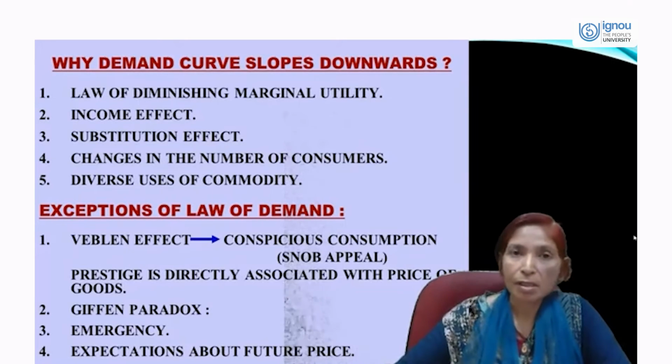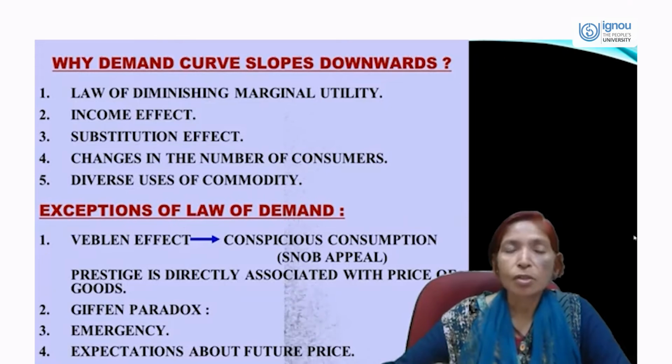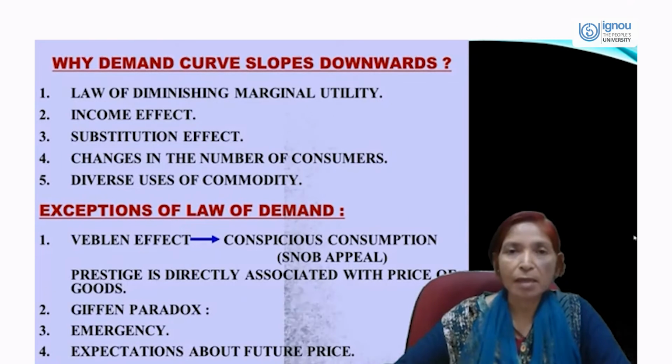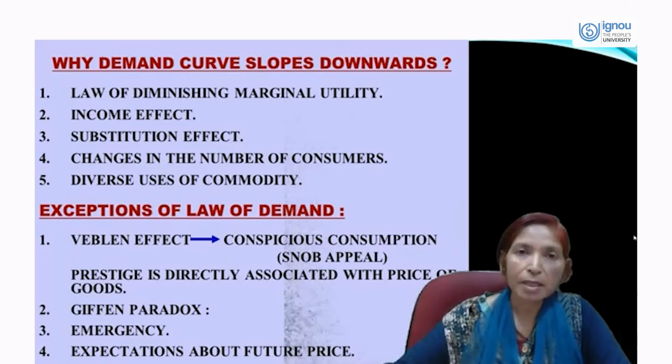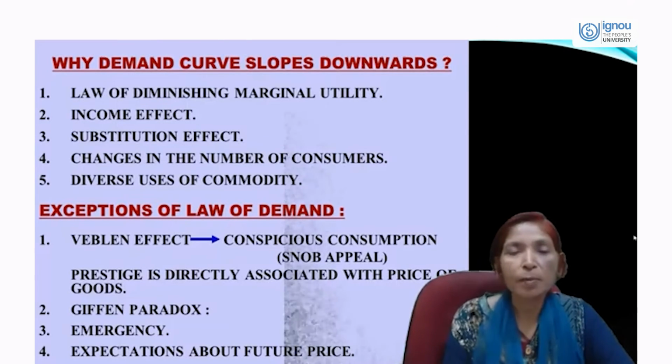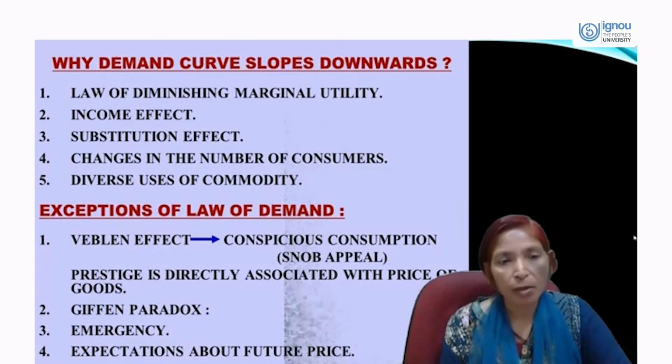But if price falls, then we can use it in so many other activities also. So according to the rise in price, demand will fall, and with a fall in price, demand will rise. There is an inverse relationship. That's why the demand curve slopes downward.